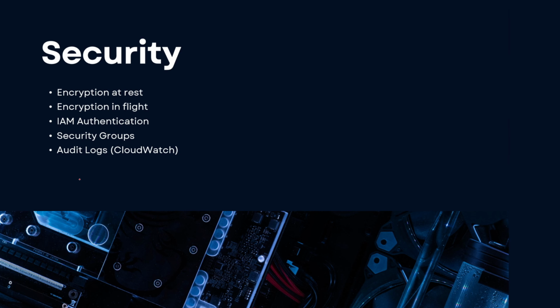And finally, we're going to talk about security related to Aurora databases. It has encryption at rest using the best encryption you have out there. I believe that is AES 256, and it also supports encryption in flight, that is using TLS SSL. You have IAM authentication. This is basically for connecting to your database.